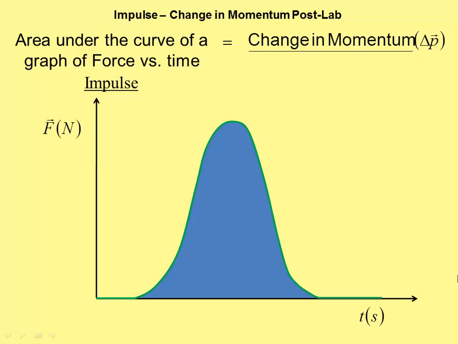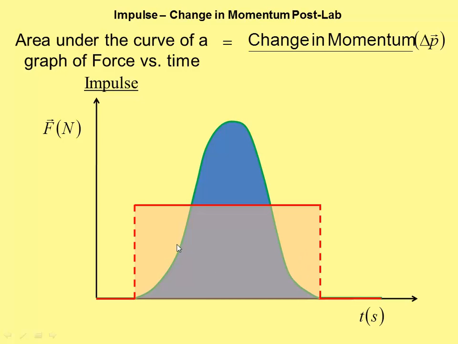But the more accurate way is that instead of looking at a force which changes over time, what if we had a constant force, notice the horizontal line, which acts for the same amount of time. And that force applies an impulse, the area under this curve, which is exactly equal to the impulse that we're drawing here in blue.